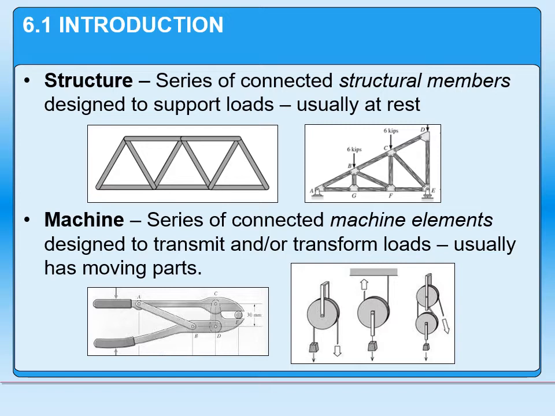In this case, we're amplifying or magnifying the load. In this case, we're transforming the load from a linear motion to a rotational motion. In general, machines are going to be in motion. That's how they actually transmit and transform loads. But keep in mind, the analysis that we're going to be doing is while they're at rest, so we'll still be using statics.